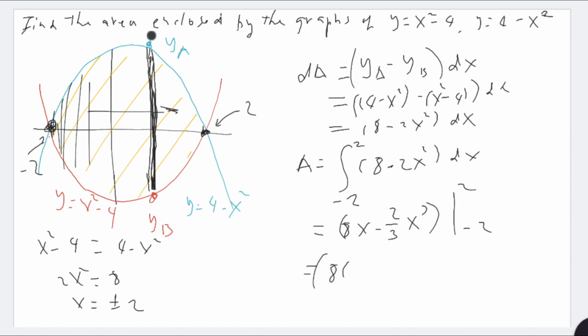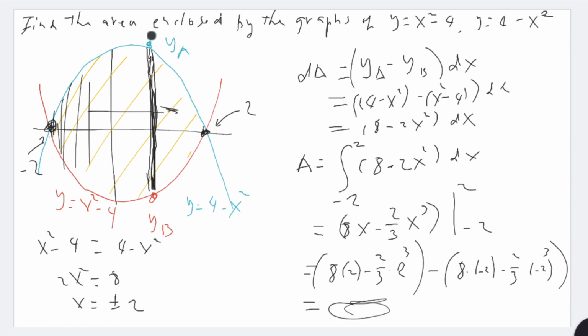So 8 times 2 minus 2/3 times 2 to the third, minus 8 times now negative 2, plug in for x in capital F, and simplify, get the area of the yellow shaded region.